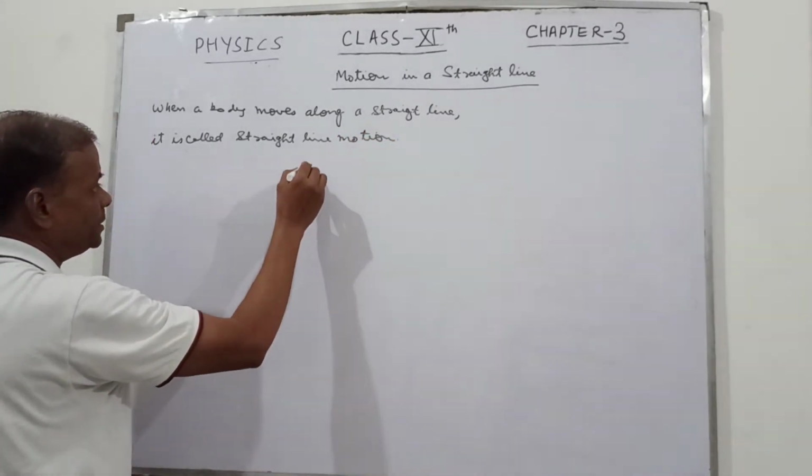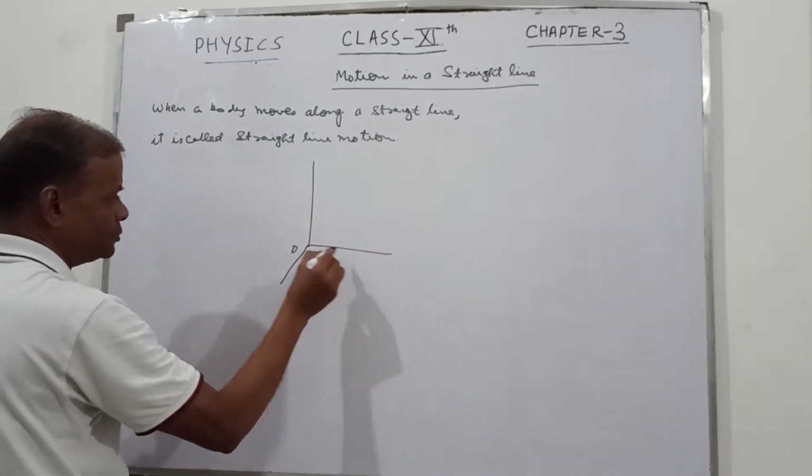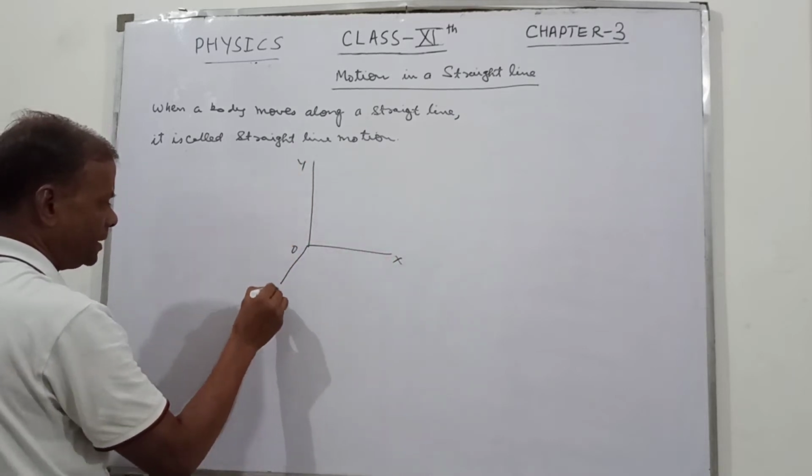Suppose we are having the three axes, this is now 0, x, y and z.